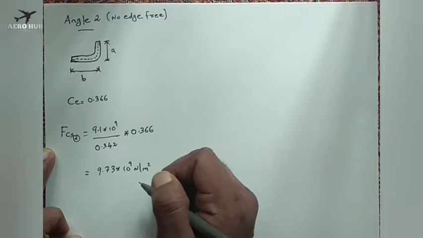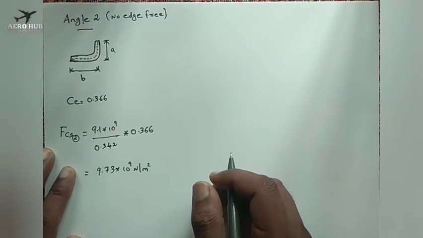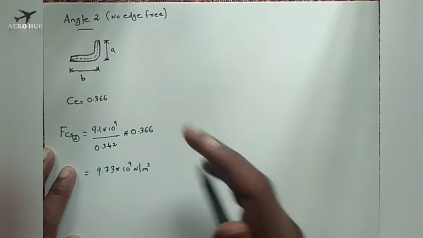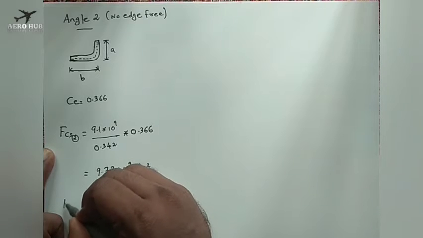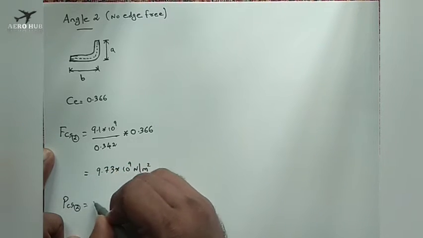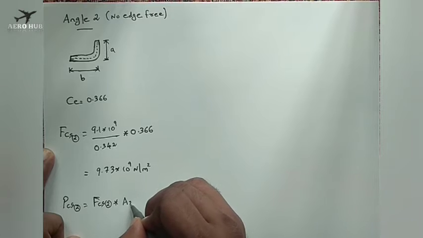Okay, now I'll multiply it by the area of angle 2, and you have to also understand that the areas of angle 1 and angle 2 are the same. So the value of crippling load for angle number 2 will be equal to FCS of the second section into the area of the second section.